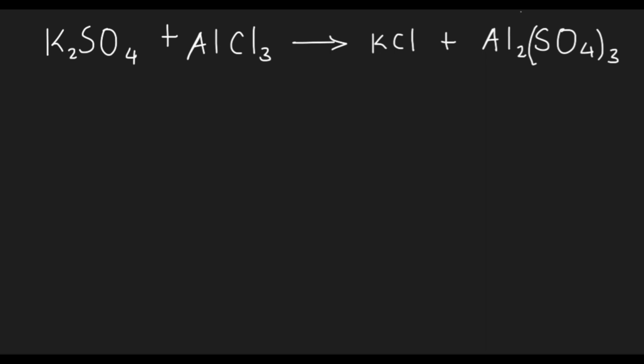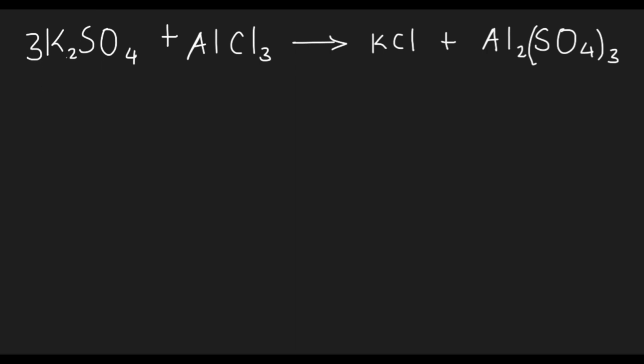So for this one, we can see that the sulfate is 3. So we have 3 radicals of sulfate. So we need to put 3 in front of the compound where we have the sulfate. So the compound that has the sulfate is potassium sulfate. So we put 3 here, so that we have 3 of these radicals.